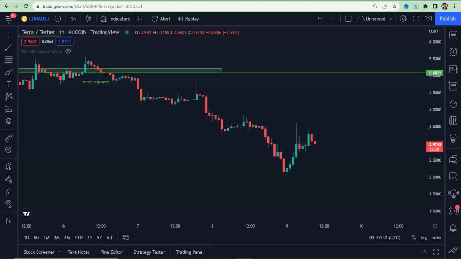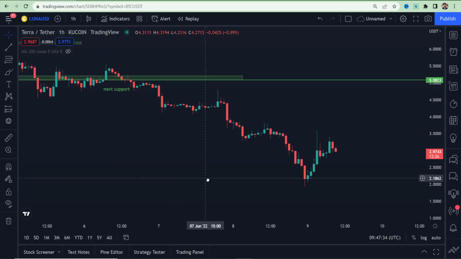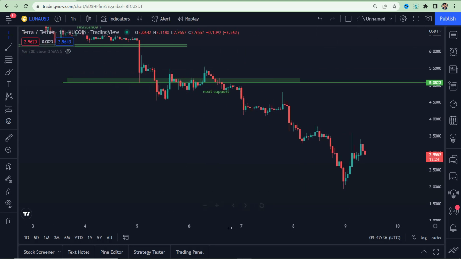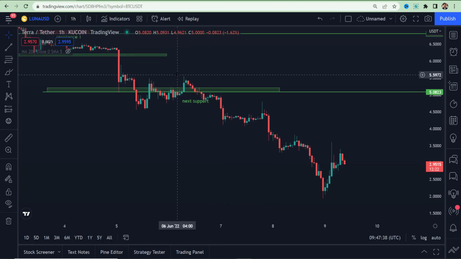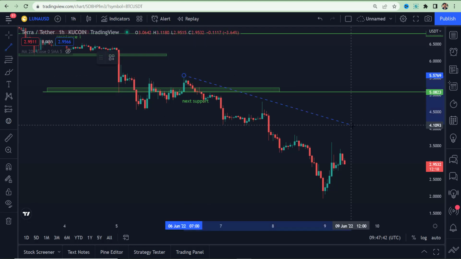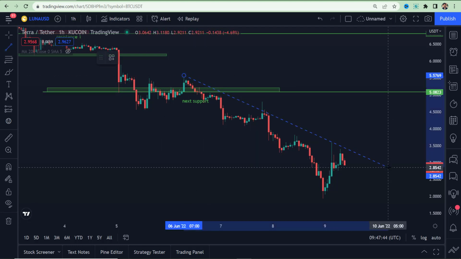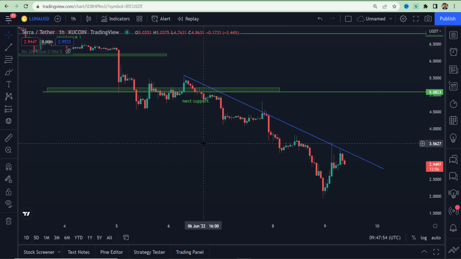So right now I see something like, let's join these trend lines. Let's see if we can get anything. Yes, we do actually. Okay, we do get this trend line.